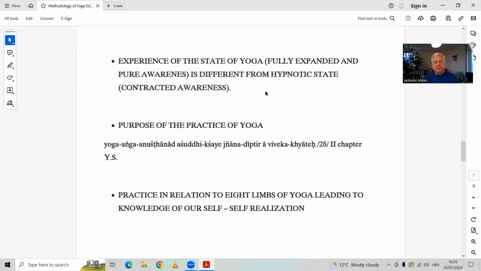And this Patanjali expressed in the sutra of the second chapter: Yogangaanushthanad ashuddhikshaye jnanadiptir avivekakhyateh. So anushthana means the practice.